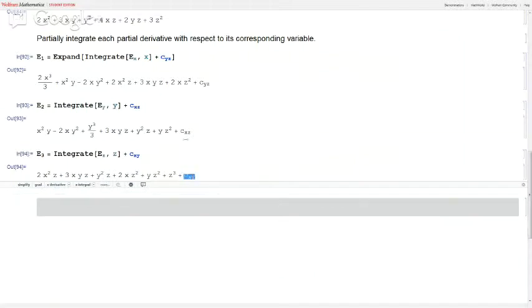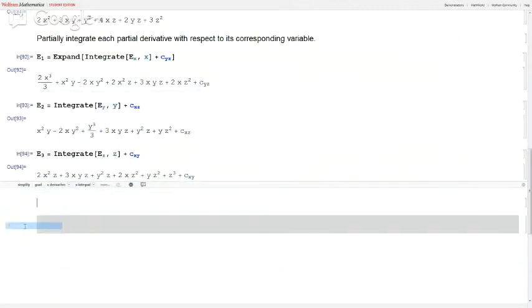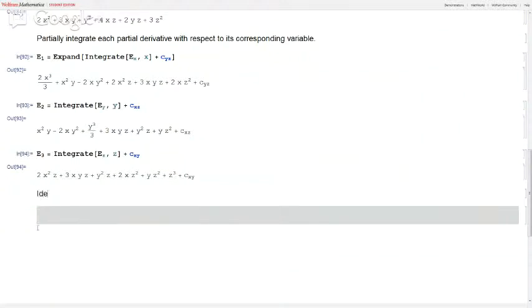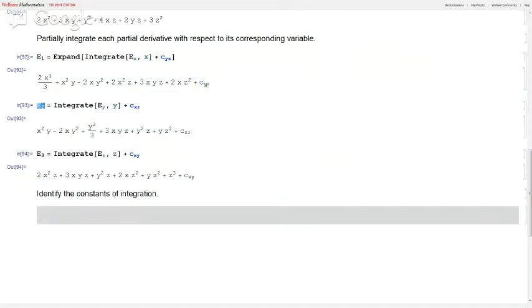Now I need to identify these constants of integration. So, I need to find terms in the other two possibilities of E that depend only on y and z, or y or z, or both.